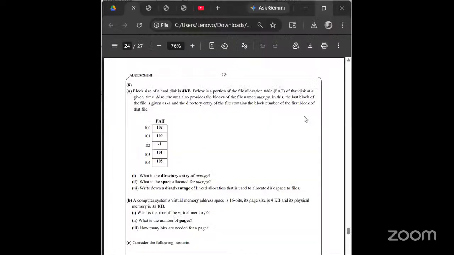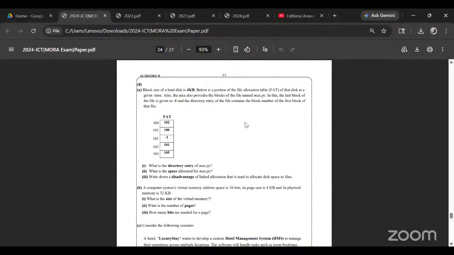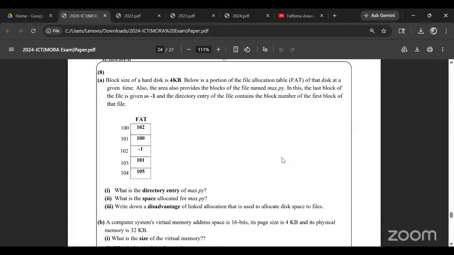Okay, can you all see the screen? So this is the MORA paper, all right.